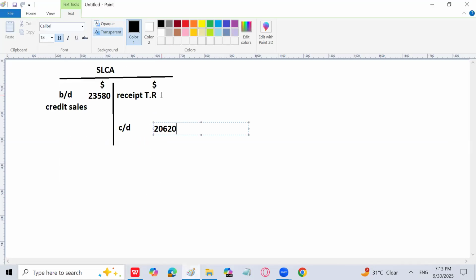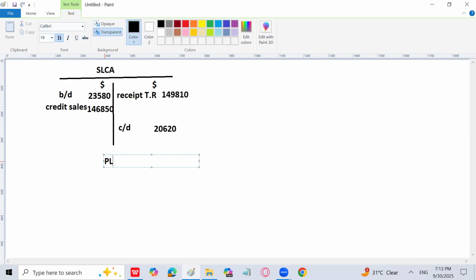So I will write here 149810. Can you find the amount of credit sales? It is 149810 plus 20620 minus 23580. Taking the difference of the two sides, you can get the amount of credit sales. So what is the amount? 146850. 146850 is the amount of credit sales.